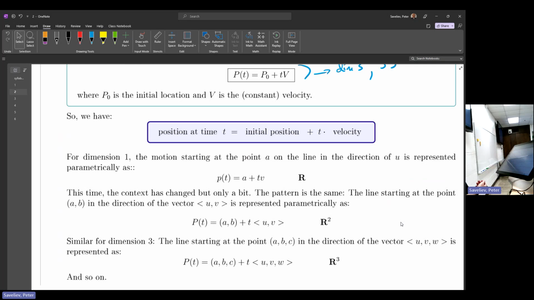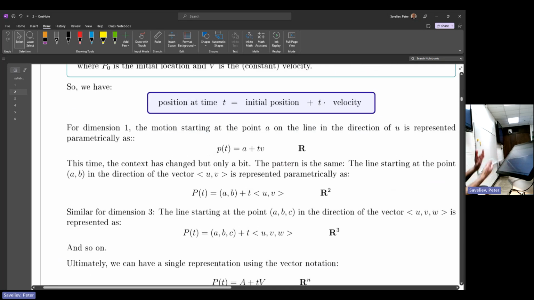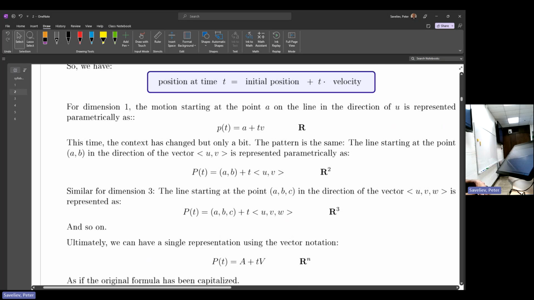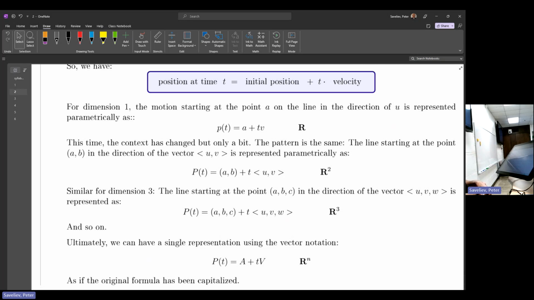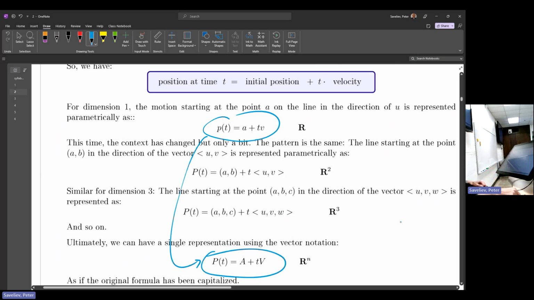You just have a, b, c, so everything has an extra third coordinate, and the fourth dimension will have four coordinates. So what was really the point? This is much more compact and easy to think about: location written in terms of initial location and velocity. Once again, we're carefully capitalizing multidimensional entities, and if it is a number, it's lowercase. So in fact, the initial formula has been capitalized, and it's almost the same thing.